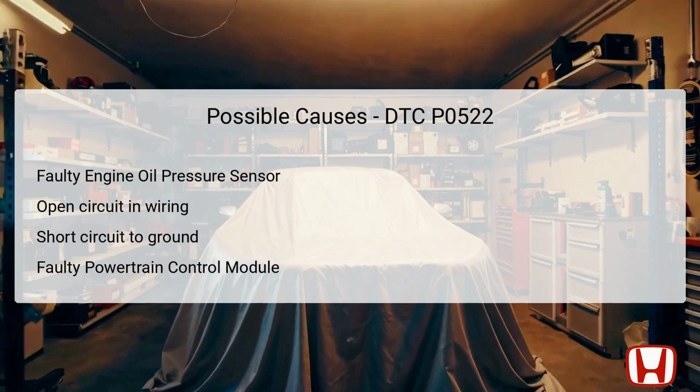A short circuit to ground is also a potential issue, leading to a lower than normal voltage output. Lastly, if the above components check out fine, the PCM itself could be faulty, misinterpreting the signals and leading to erroneous diagnostic codes. Properly identifying the root cause is crucial for effective troubleshooting.